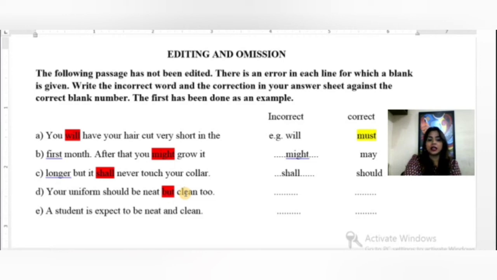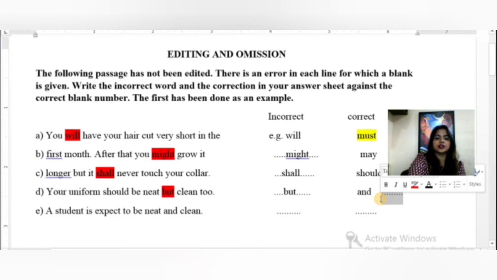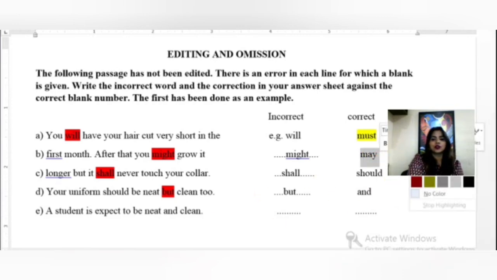So when we speak, we automatically come to know that but is the wrong conjunction over here, and in place of but, and should go, because these two words are of the same order or the same level. So the correct word will be and, not but.